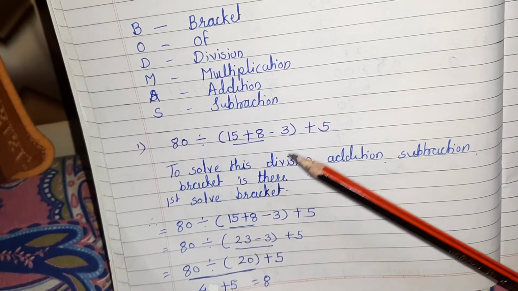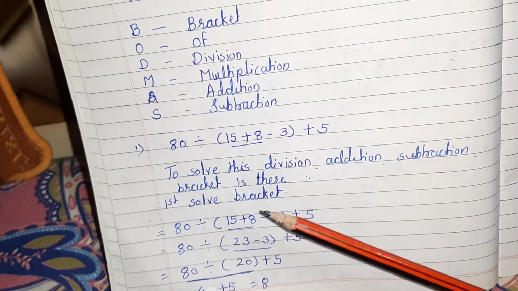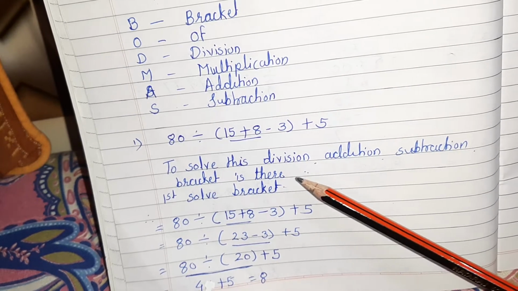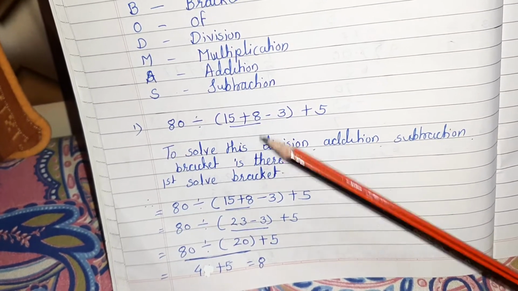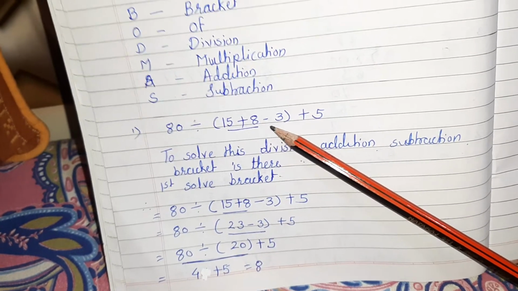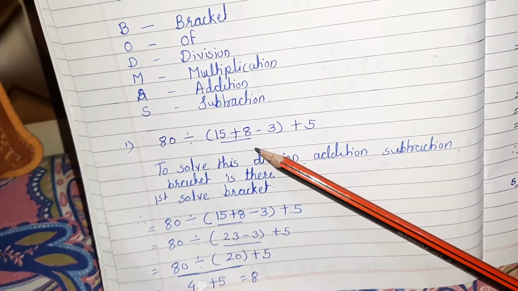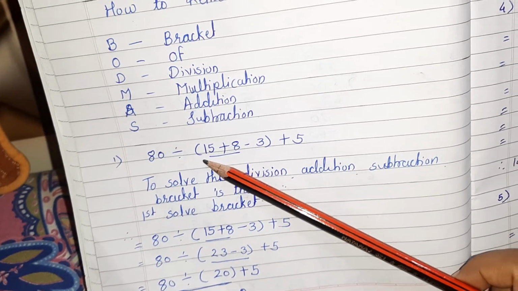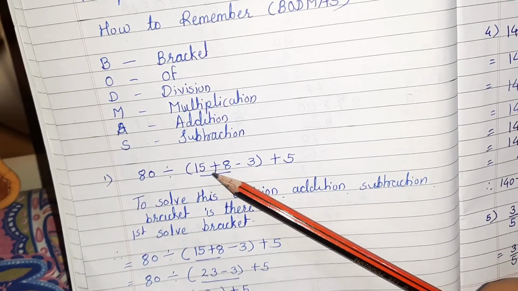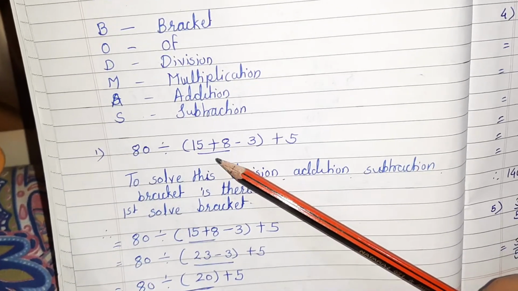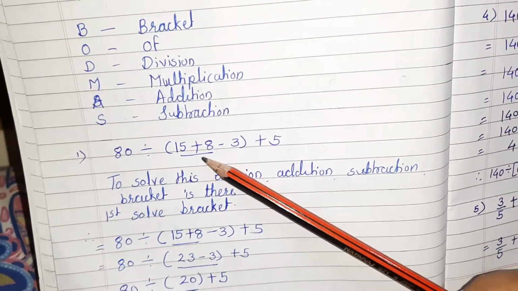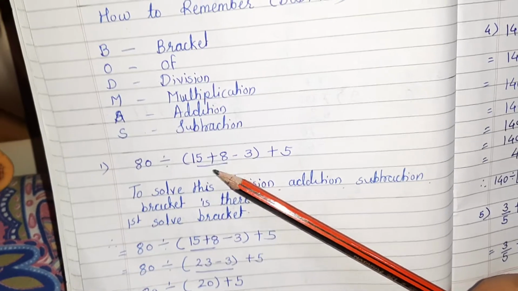Multiplication only is not there. So which should be solved first? Bracket should be solved first. But in the bracket also, addition and subtraction, both things are there. So which comes first from left to right, that should be solved. Here I have done the underlining for that. So 15 plus 8 should be solved first, right?